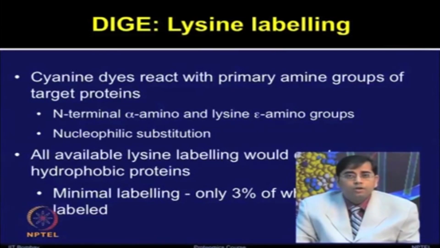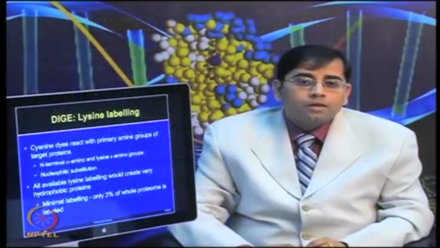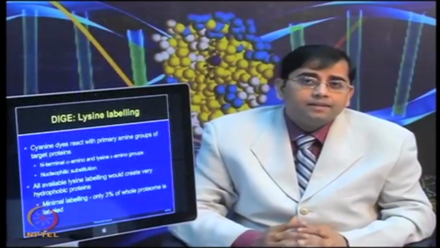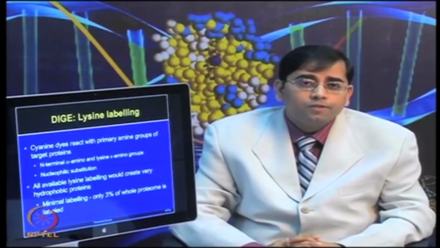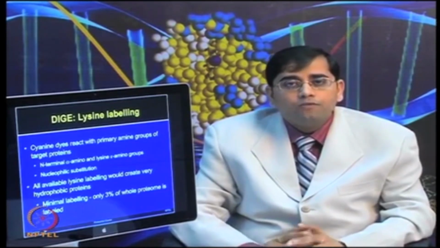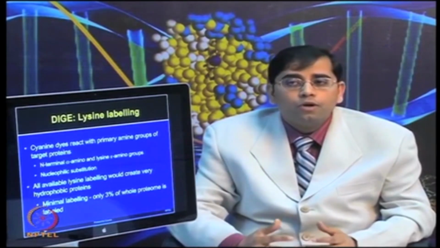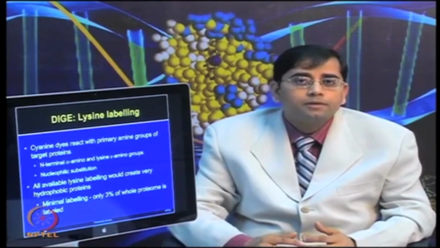That was the case observed in the original paper by Unlu et al. So, to avoid that hydrophobic protein atmosphere, it is recommended to do minimal labeling of only 3% of the whole proteome, so that overall it is not very hydrophobic.